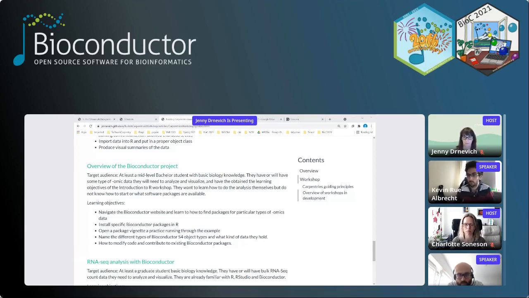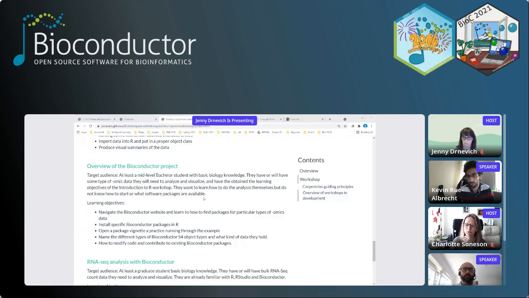It's easy to focus on the package aspect of Bioconductor, which is one large aspect of it, but also learning to navigate the teaching resources on the Bioconductor website, the supports, where to find help, so the support website.